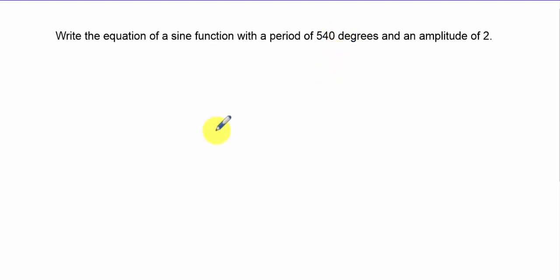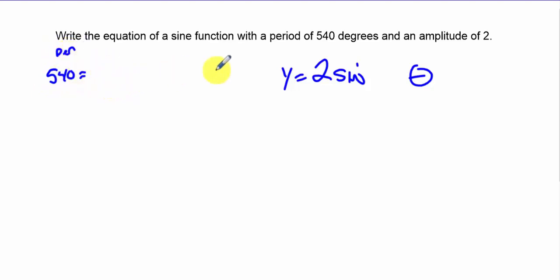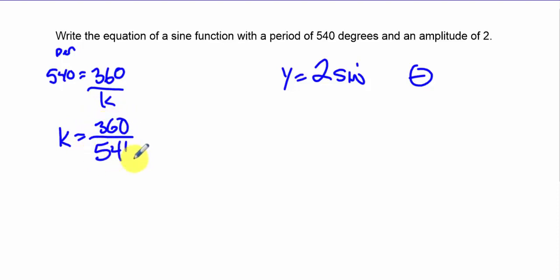Do the same thing except in degrees now. We have an amplitude of 2, and we're looking for a sine function, so y equals 2 sine. And then I need my k value again in front of my theta, so the period, 540, equals, instead of 2 pi, I'm going to use degrees, 360 over k. So k in this case is equal to 360 over 540.